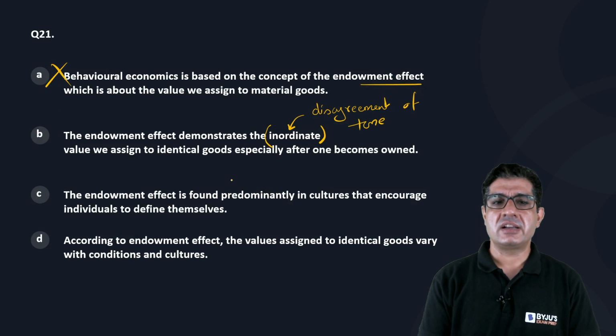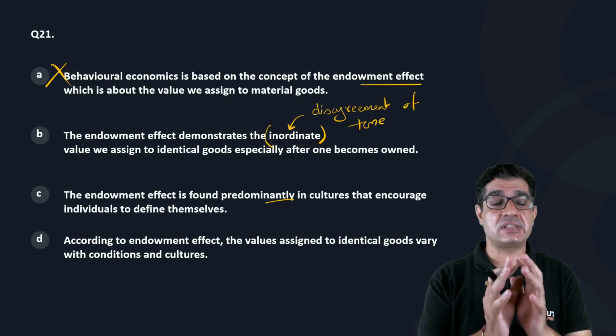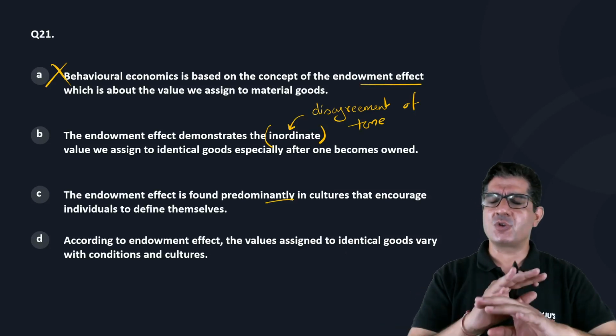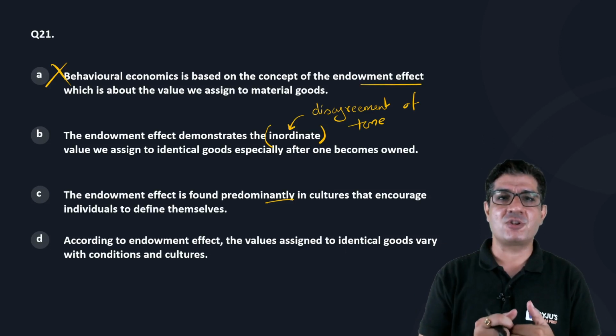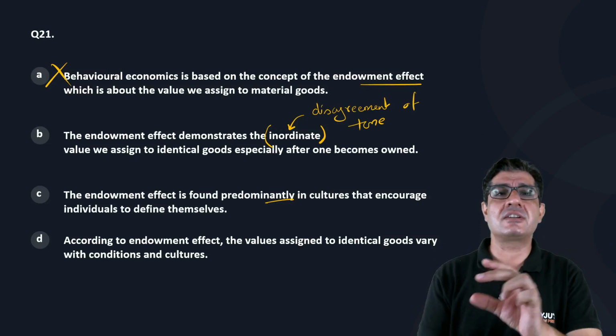C, the endowment effect is found predominantly in cultures that encourage individuals to define themselves. Self-construal is how you define yourself. So whether there is an independence of self-construal or interdependence, in either case, in all of those cultures, you are defining yourself. It is just that the definition happens to be in different terms.